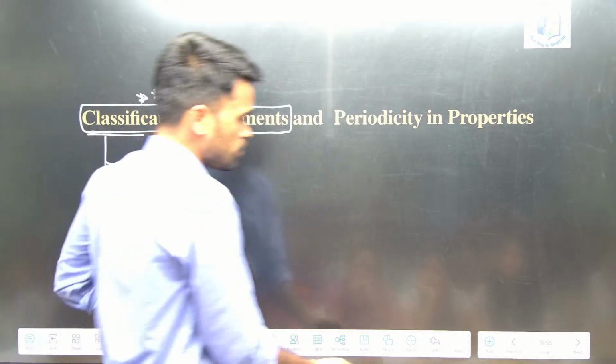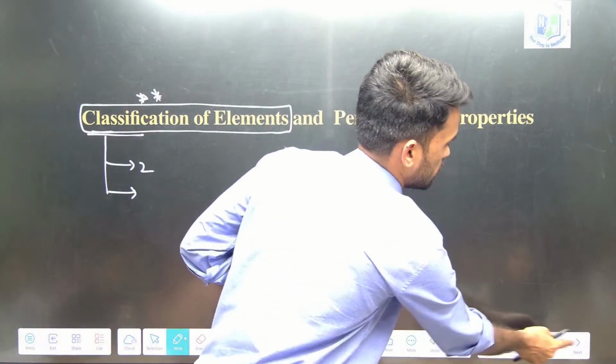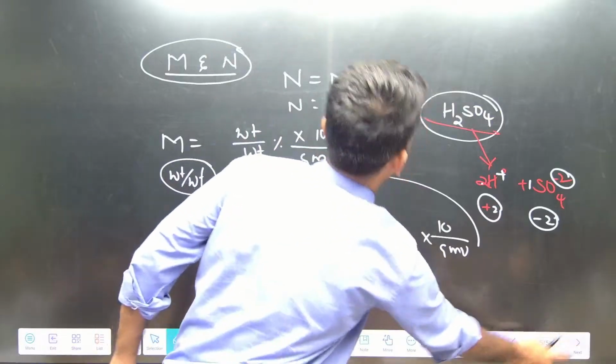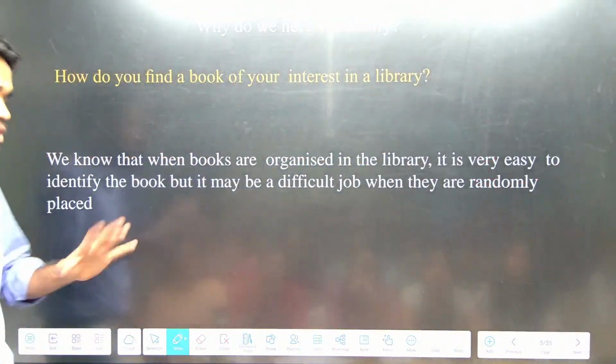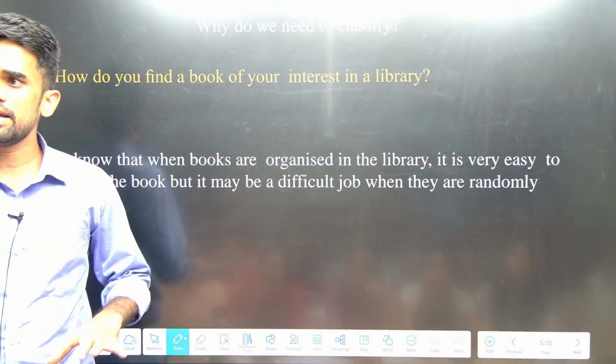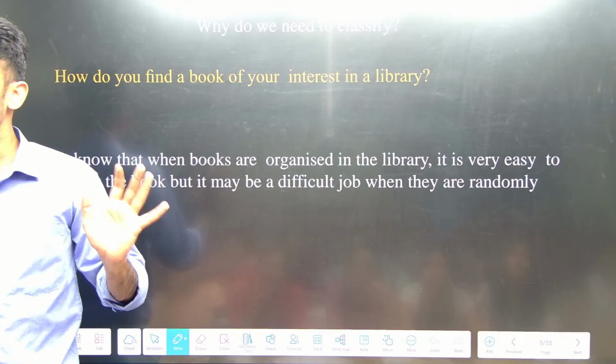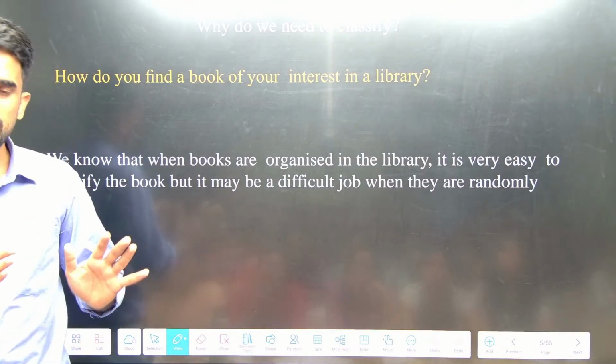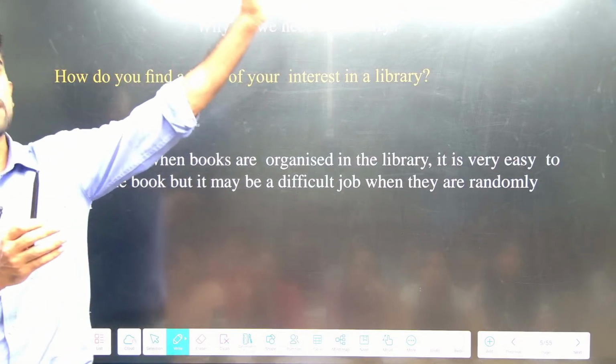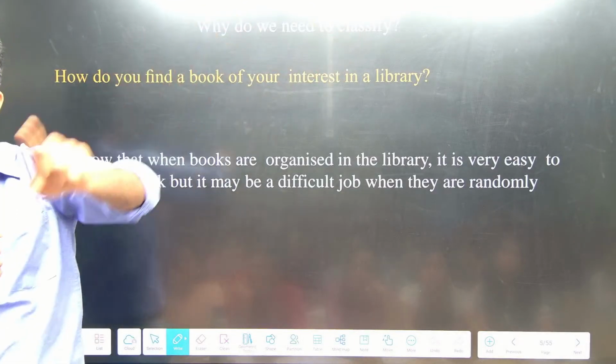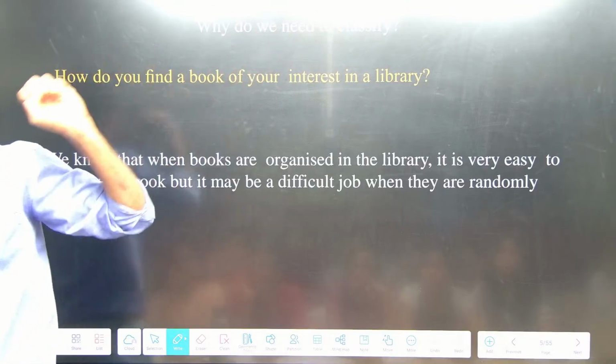So first of all, why do we require to classify them? When you go to a library, it contains a lot of books, but you enter the library and go directly to the section where the book you are looking for is, and take that book.